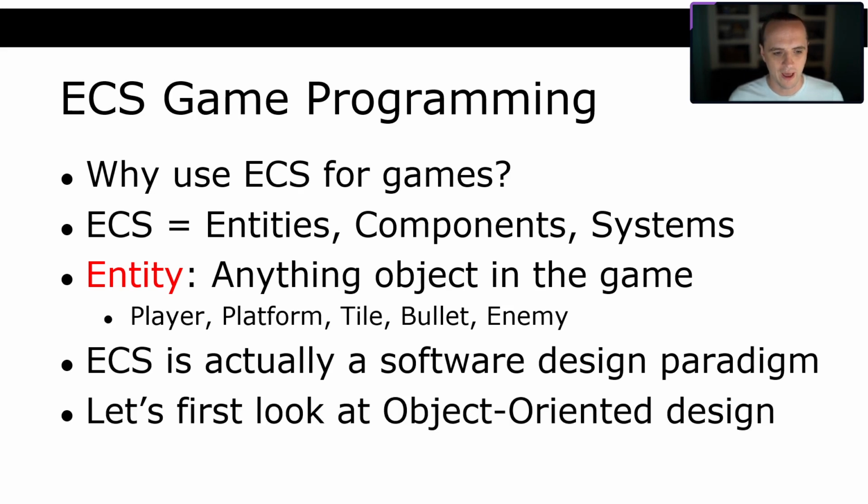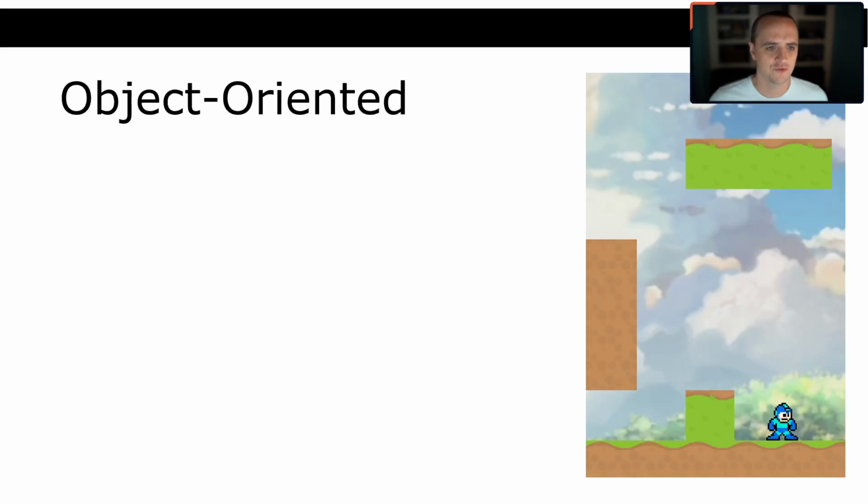So let's go back a little bit and we'll look at what I'm calling object-oriented design. So object-oriented design for games is not quite the same thing as object-oriented programming. So let me first differentiate the two. Object-oriented programming is programming with classes and inheritance or polymorphism that allows us to be implementation efficient when we try to implement our classes.